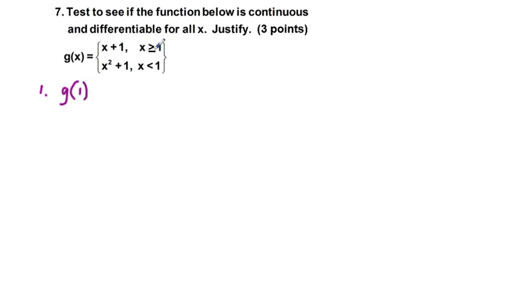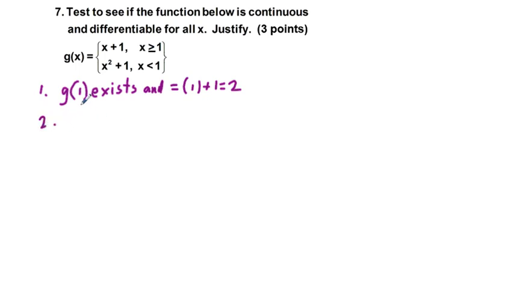G of 1 exists. And how do we know that g of 1 exists? Because g of x is defined as x plus 1 when x is greater than or equal to 1. So we plug in 1 plus 1, which is equal to 2, because if we plug in 1 for this x plus 1, we get an output of 2.